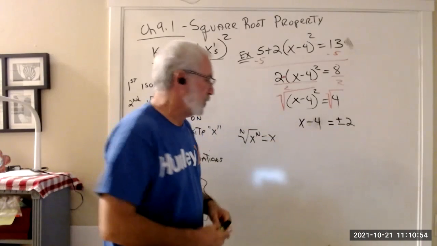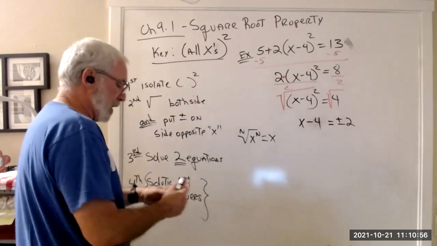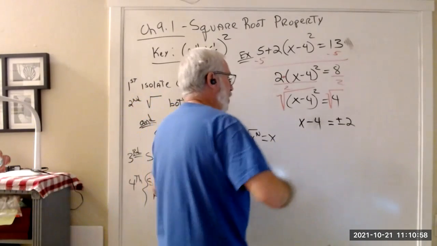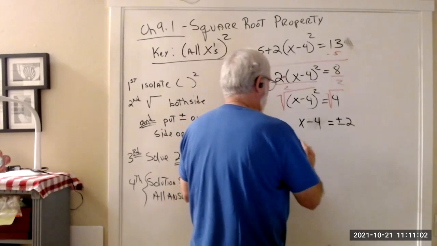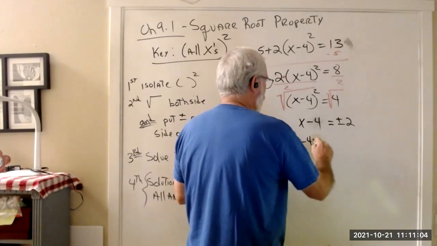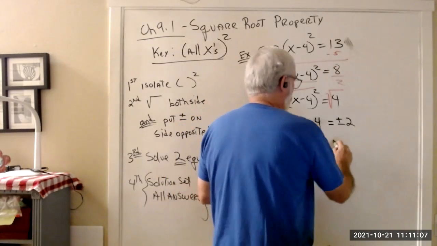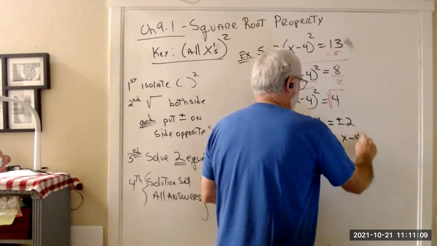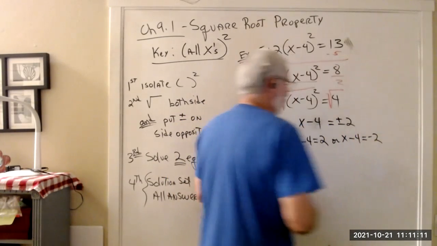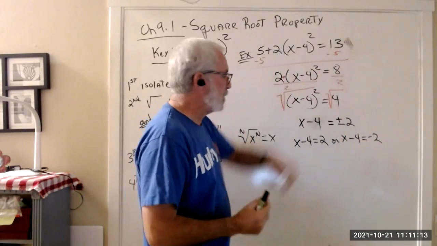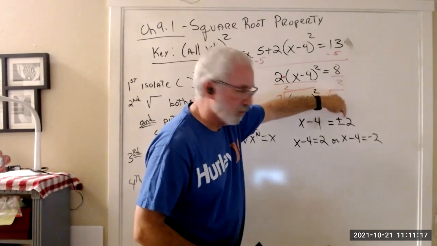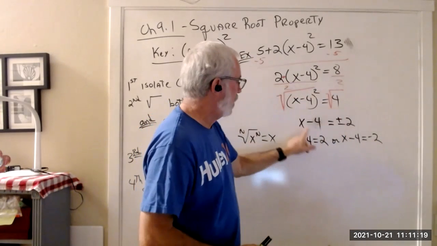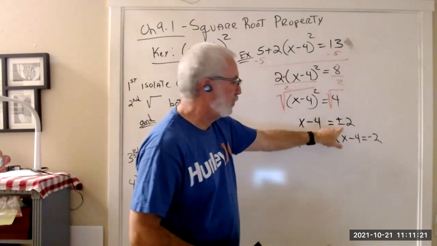Now, the 2 equations that we have, and some people can do them simultaneously, some people need to write them down, are x minus 4 equals 2, or x minus 4 equals negative 2. Those are the 2 equations. x minus 4 equals positive 2, or x minus 4 equals negative 2.